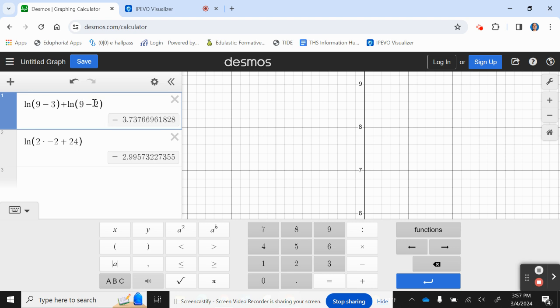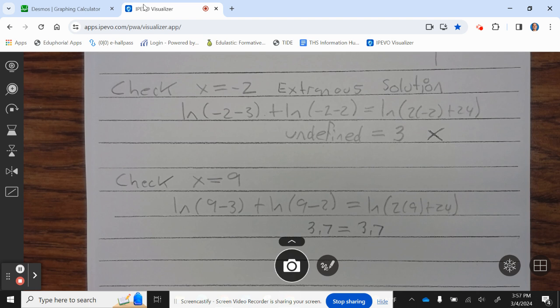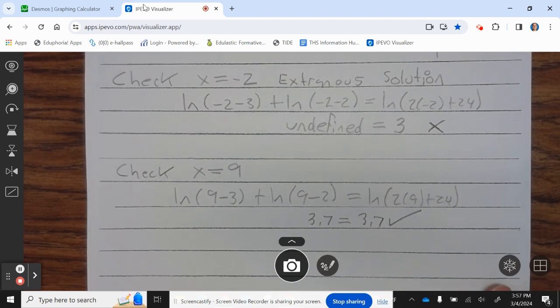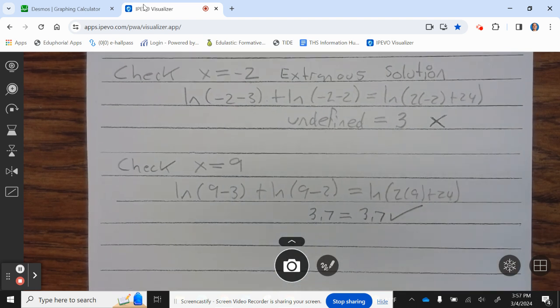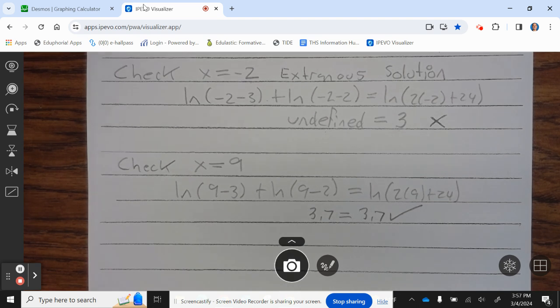So we get 3.7 equals 3.7. So this checks. So x equals 9 is a valid solution. All right, let's take a look at the next page.